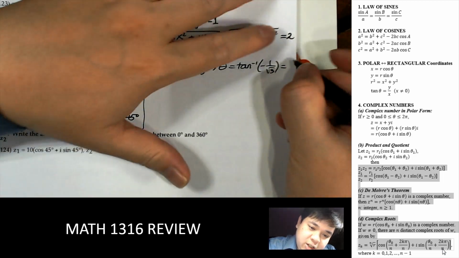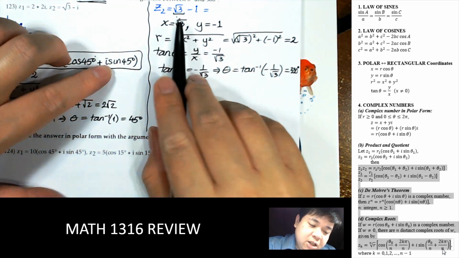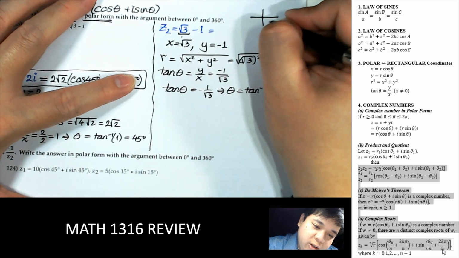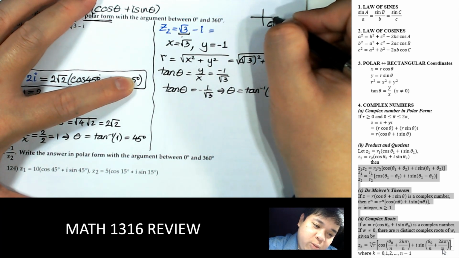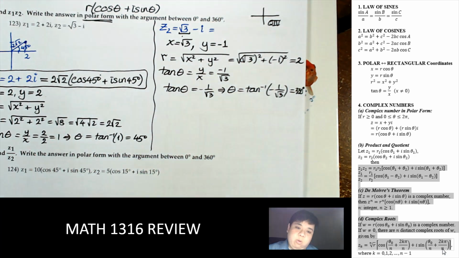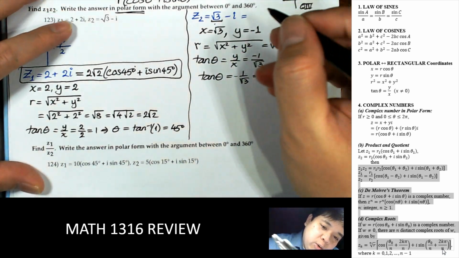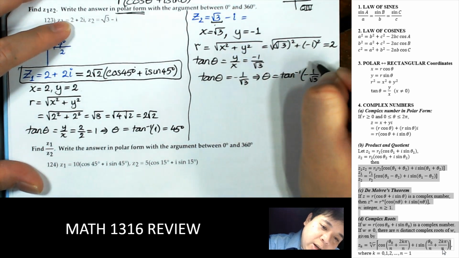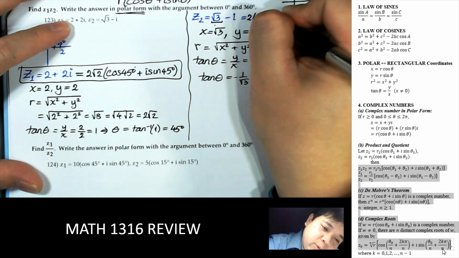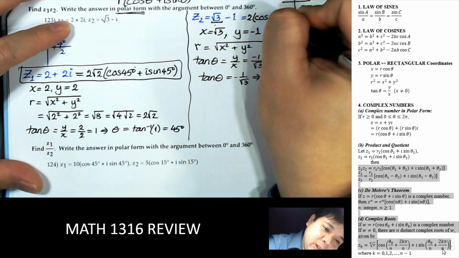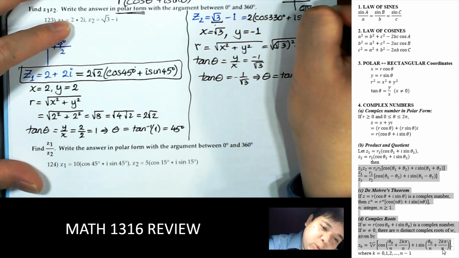So 330 degrees, and this is in quadrant 4. We have x positive, y negative, so yes, it is in quadrant 4. So z2 is equal to r cosine of 330 plus I sine of 330.